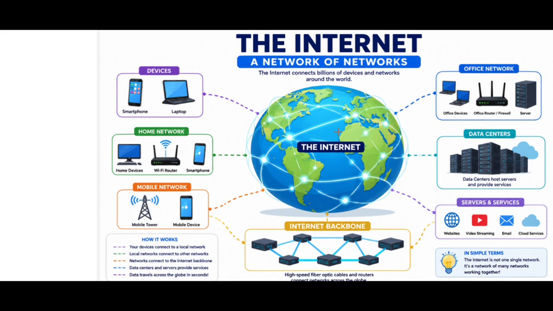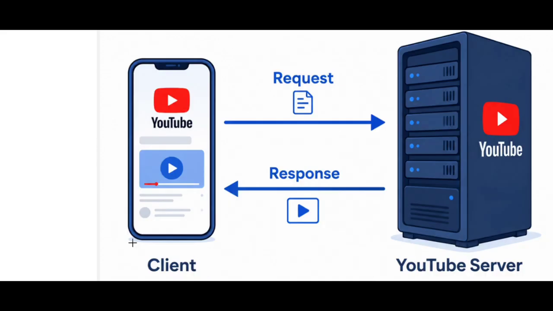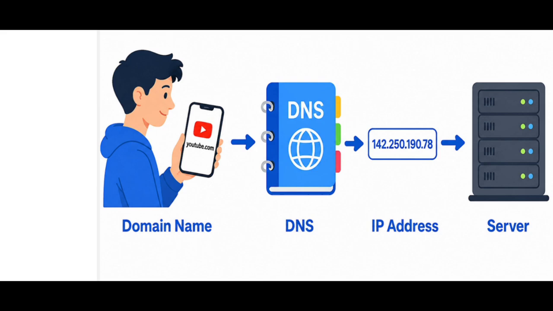Your mobile phone, laptop, smart TV and tablet are all devices that can connect to the internet. These devices are called clients. If I am connected to the internet but not using it, in that moment it is not a client.